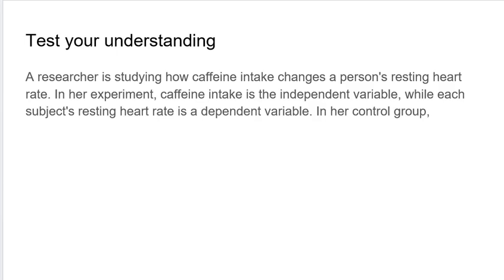It is the cause. While each subject's resting heart rate is going to be measured. It is the effect, and it is going to be our dependent variable. And guess what's going to be her control group? Okay, I'm giving you about 20 seconds to figure out what their control group is going to be.